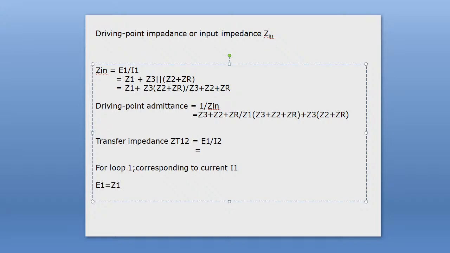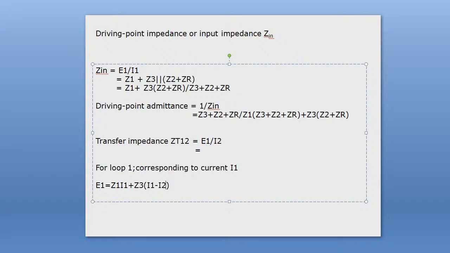So E1 equals Z1 I1 plus Z3 into (I1 minus I2). Everyone, you write the mesh equation for loop 1: E1 equal to Z1 I1 plus Z3 I1 minus Z3 I2.